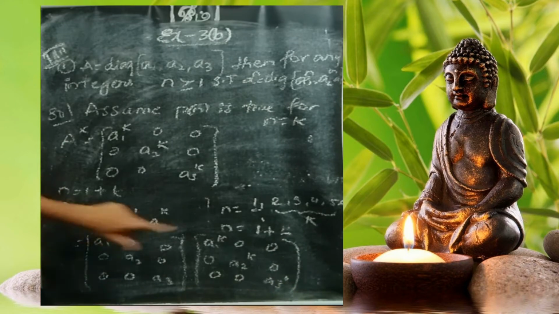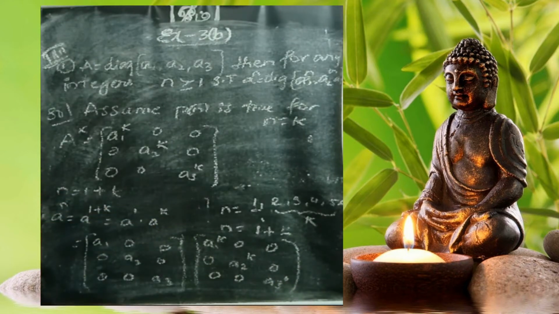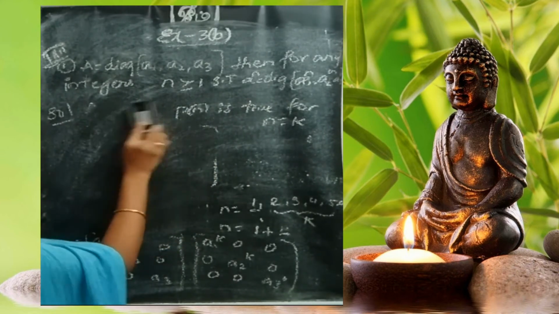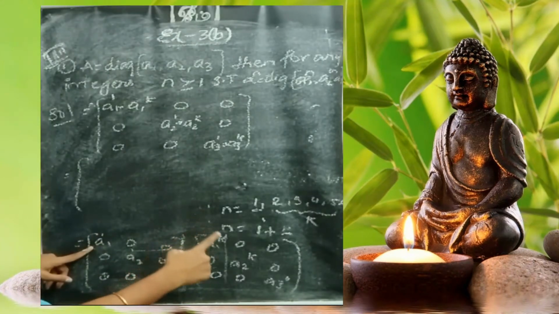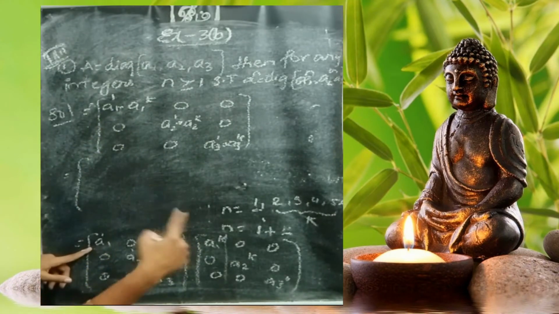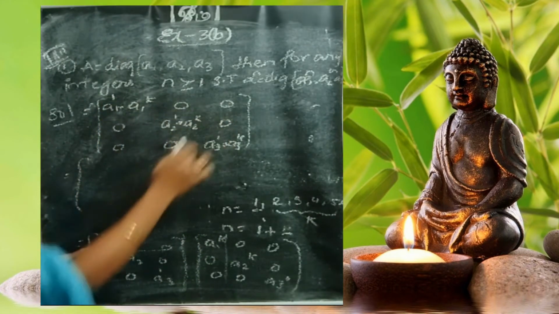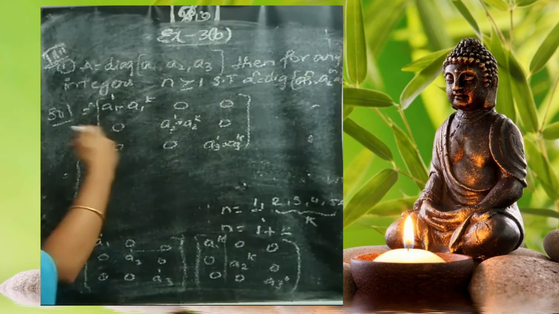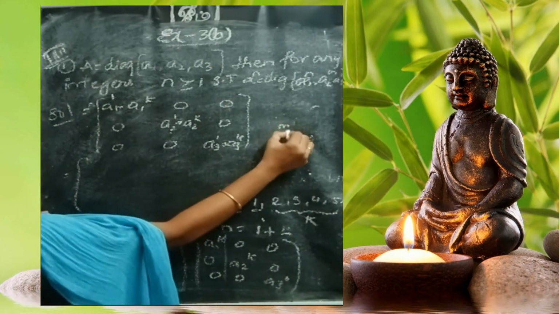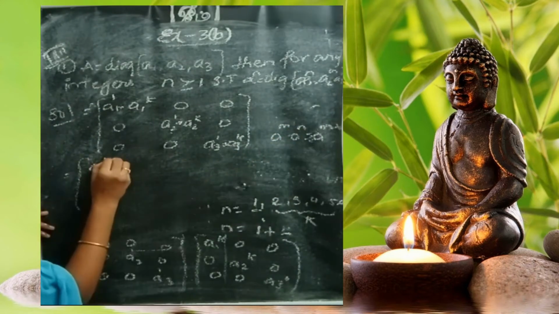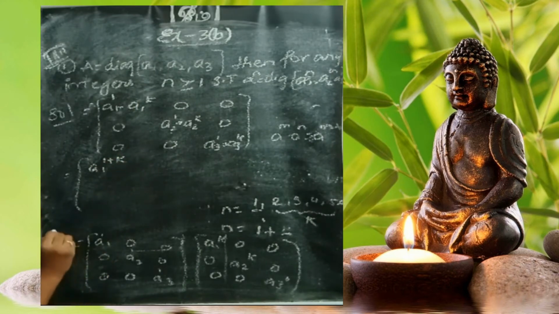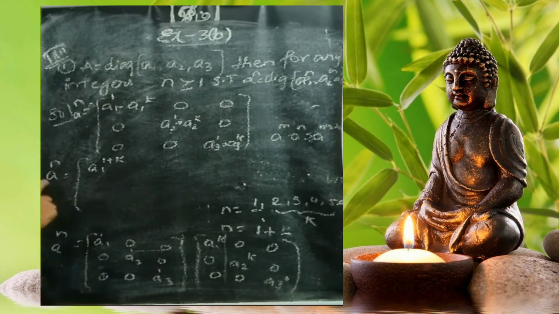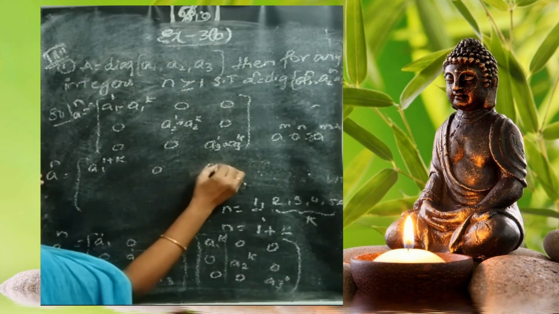Now we multiply both the matrices, then you will get a1 power 1 into a1 power k, and the remaining all 0, plus 0 means this value only. Then a2 power 1 into a2 power k. So A power m into A power n is the formula we discussed before. A power 1 plus k is the value of A power n, and we have to prove this.